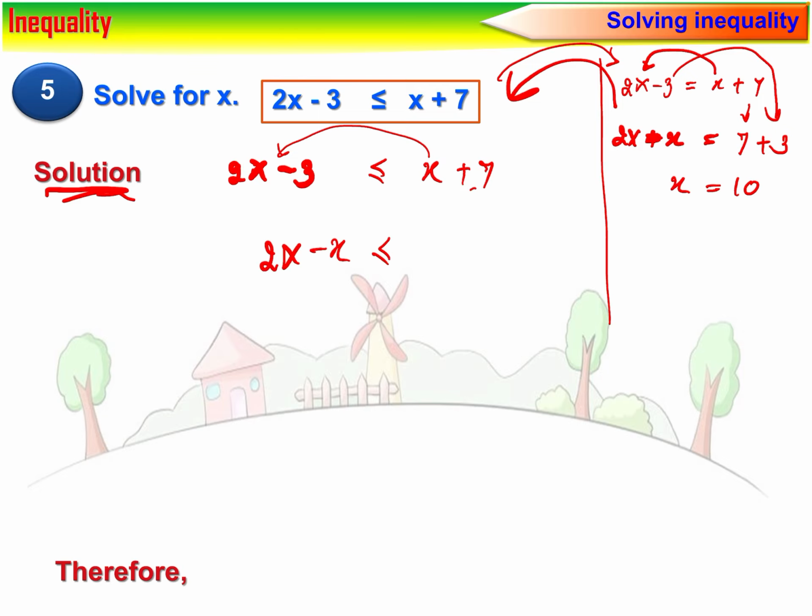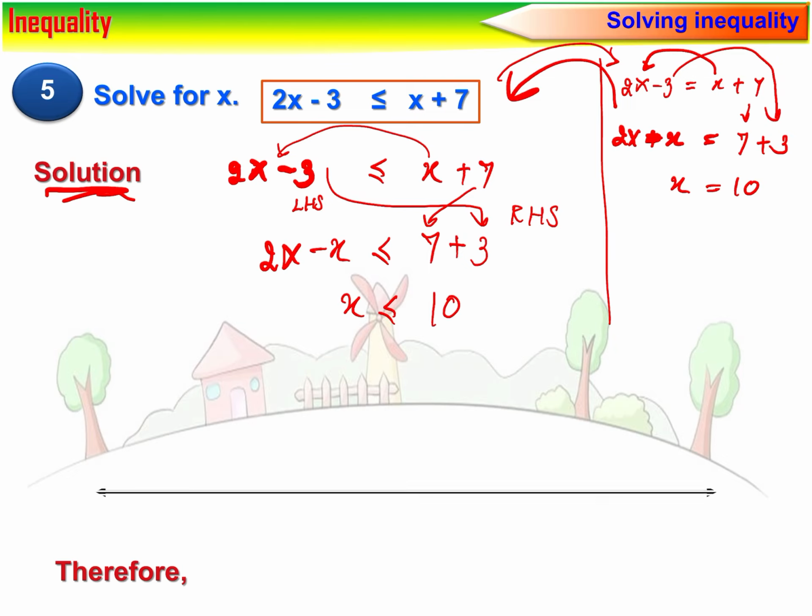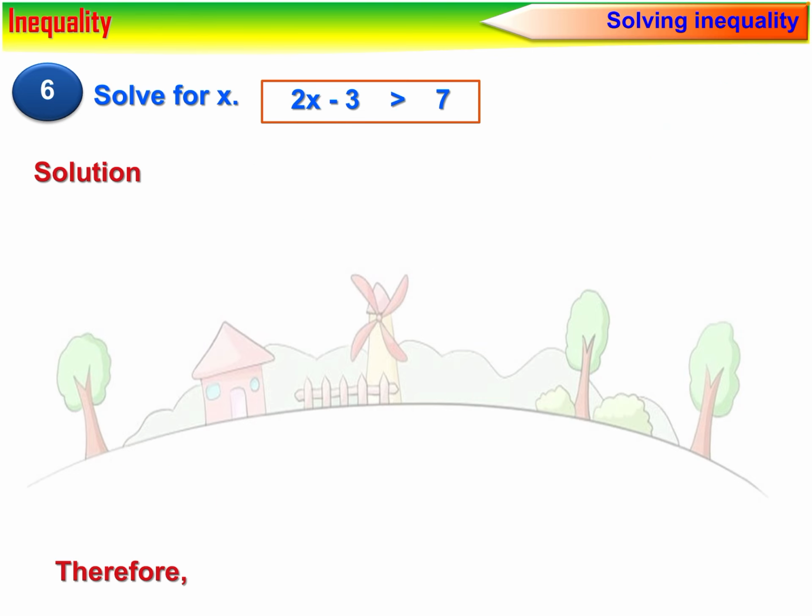So you take 2x minus x less than or equal to. On the right hand side you have 7 left, but you need to take negative 3 from the left hand side to the right hand side, plus 3, right? So you have x less than or equal to 10.